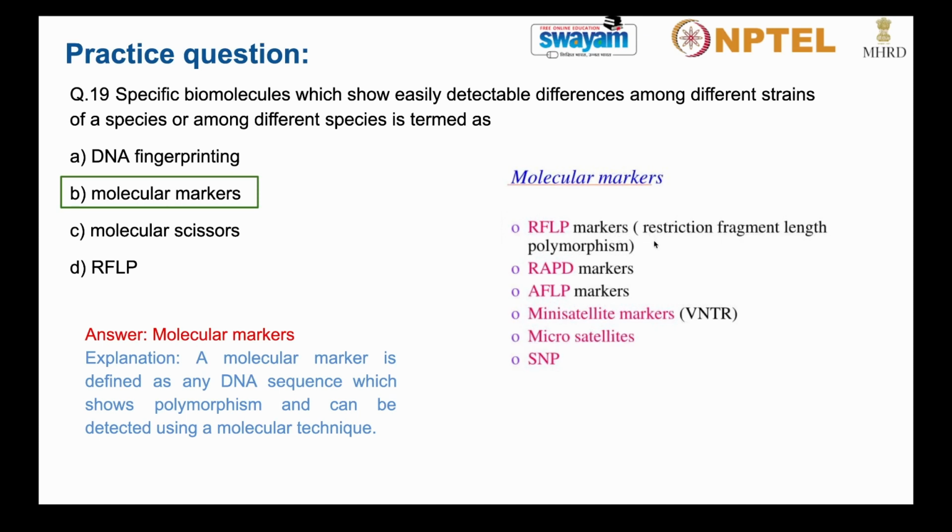RFLP markers means, for RFLP we require variation in the restriction enzyme cleavage sites. Whenever in a sequence the site of cleavage is present at some other position, for example, if an individual has undergone some mutation in some recognition sequence, the number of cleavage sites will vary.